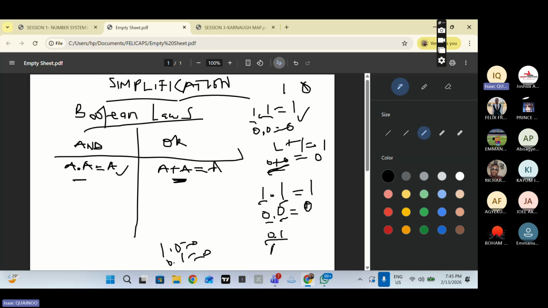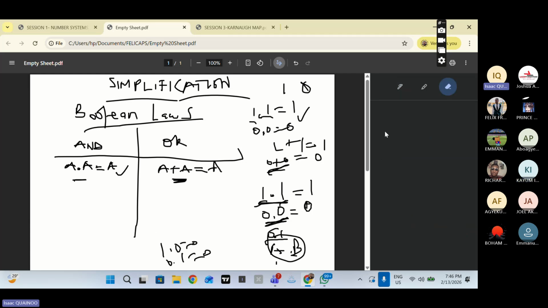We can say A and B for 0 and 1, but you cannot say A and A. Either A and A, or B and B. So the law only applies when you are dealing with 1 and 1, and then 0 and 0. Those are the specific cases that the law addresses. Okay. Thank you for that.